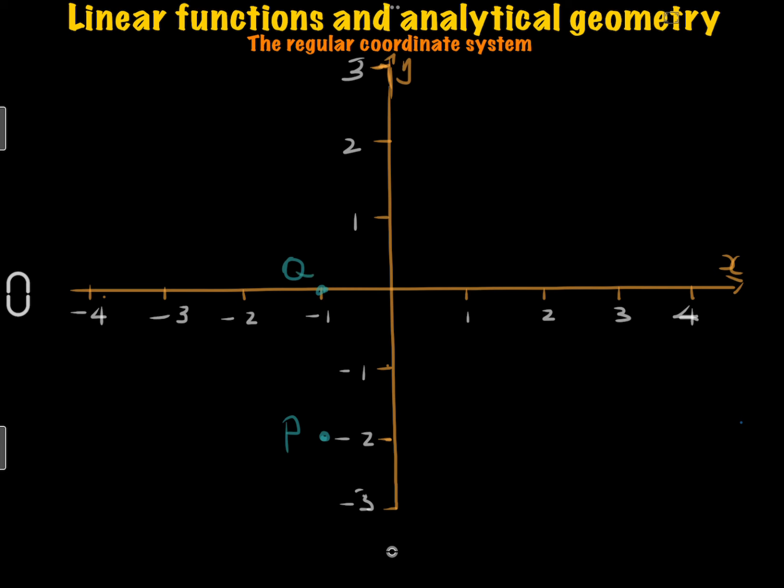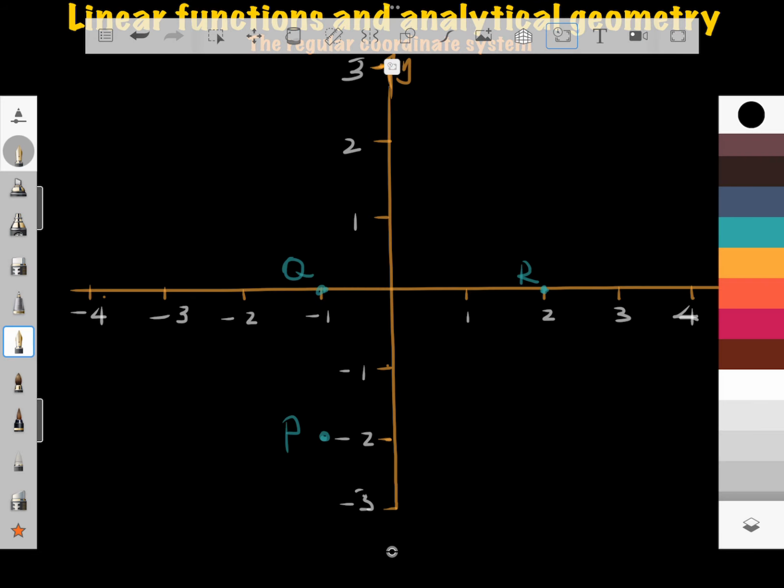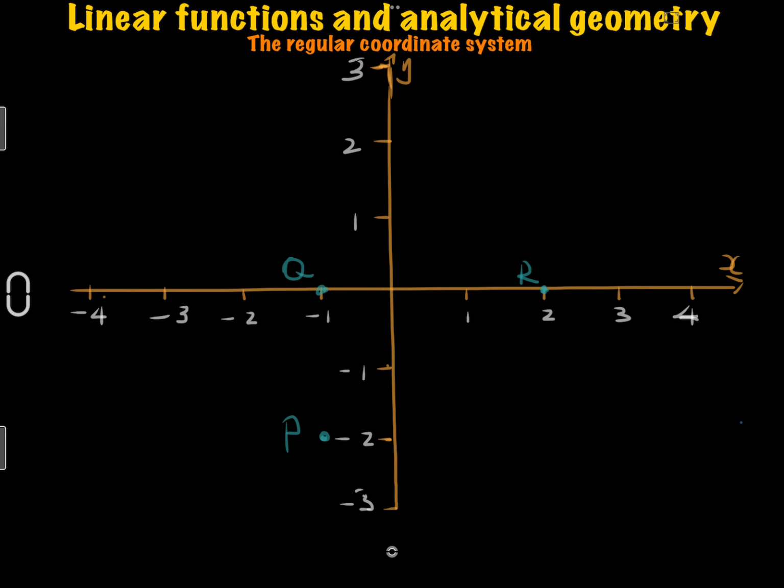And then R is 2 by 0. So that's the point there. We have R there. And then S is 0 by 0. So this is our origin. It's actually at the origin there. So we have S.